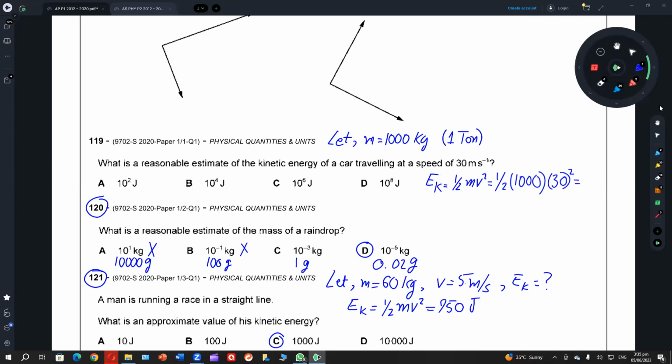If I take it as 1 ton, it is coming as 1.2 into 10 to the power 5. But I checked somewhere in a video that a car of even 2800 kgs is assumed as light. At least 1 ton. So even if I try 1 ton, I'm not getting any exact answer. Actually, I'm getting 10 power 5, which is in between B and C. But if I take it as 2 tons, it is coming as C. So we can try it.